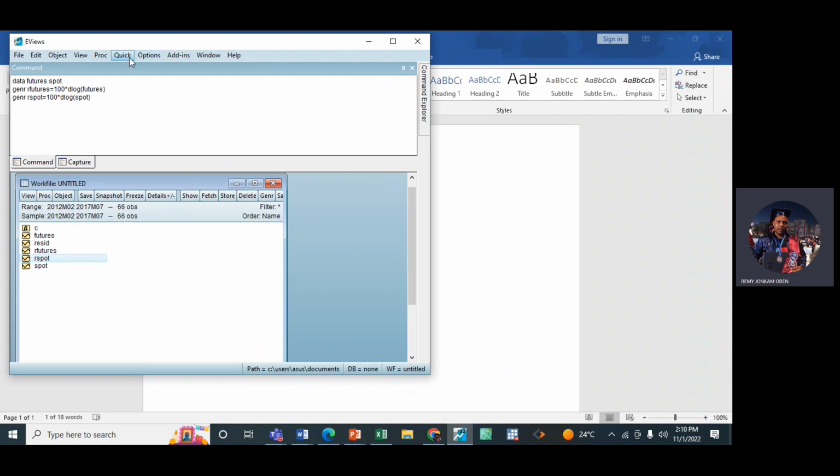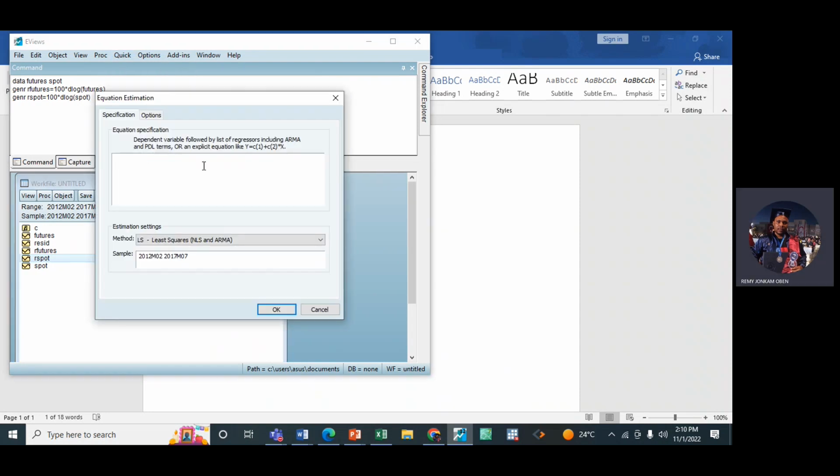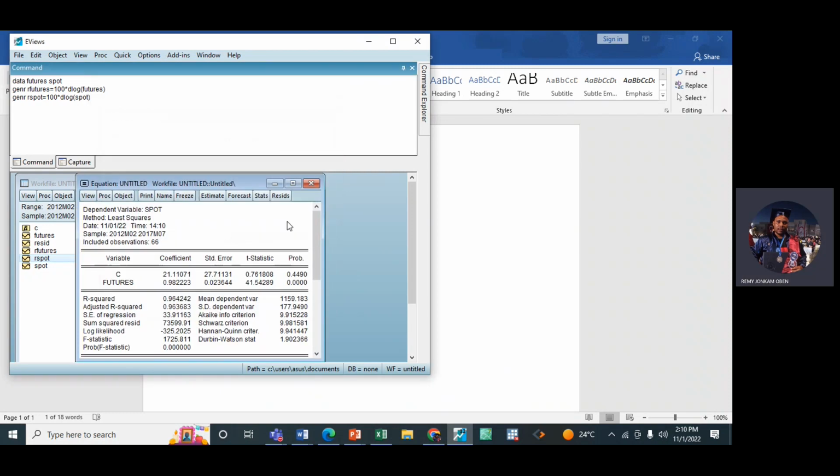So I'll go again to quick estimate, and here I will just write spot constant futures. Remember previously I wrote Δspot and Δfutures, which means I was using the returns. But now I'm just writing spot and futures because I am using just the raw prices. And I'll tell you why I'm doing that. So if I estimate, I have my results.